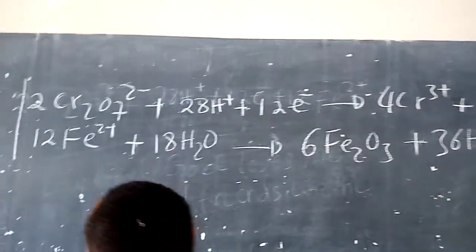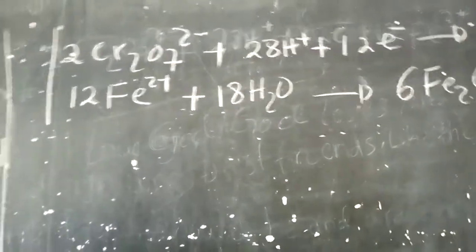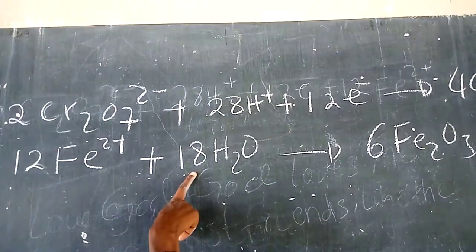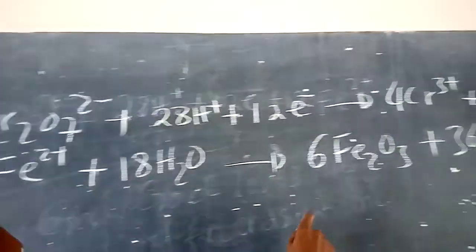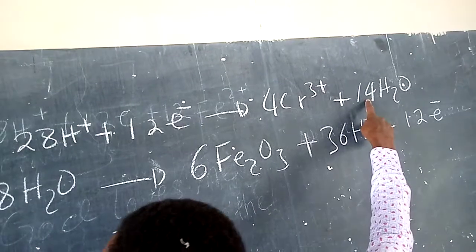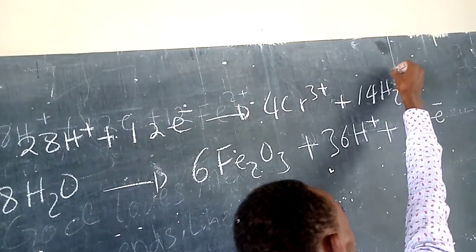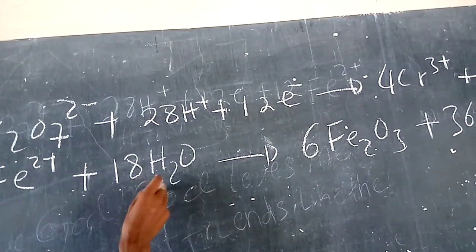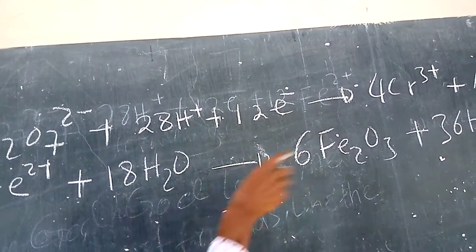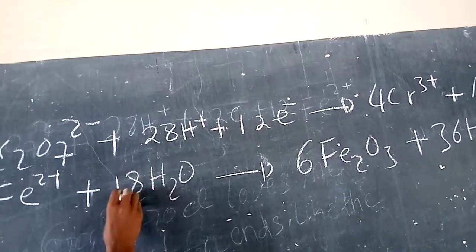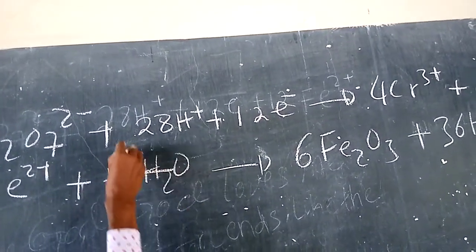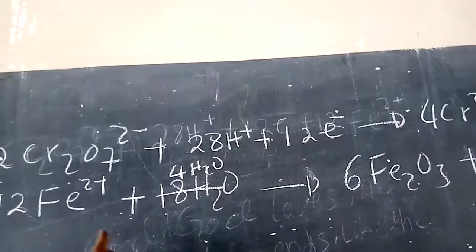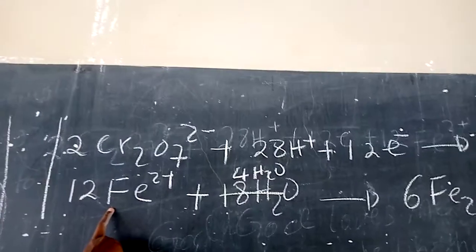Now you have to combine these equations. Before combining, we have to cancel. Here we have 18 water molecules on the reactant side and 14 water molecules in the product. So we cancel water on the product side, and on the reactant side 18 minus 14 gives 4, so we remain with 4 water molecules.